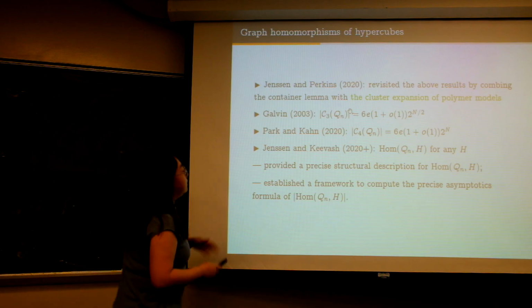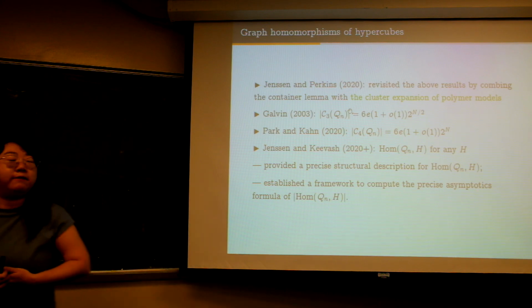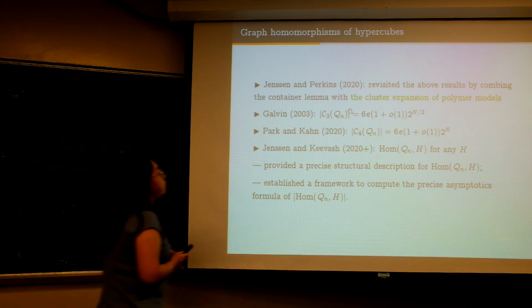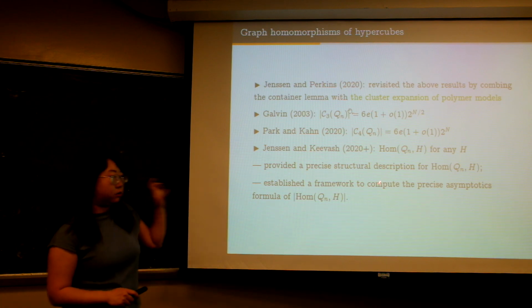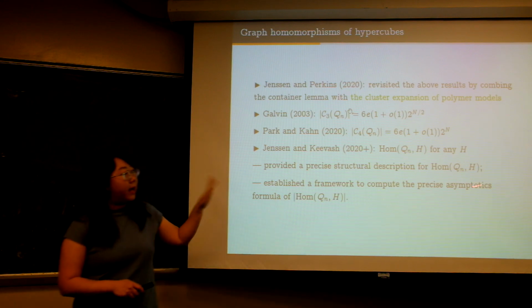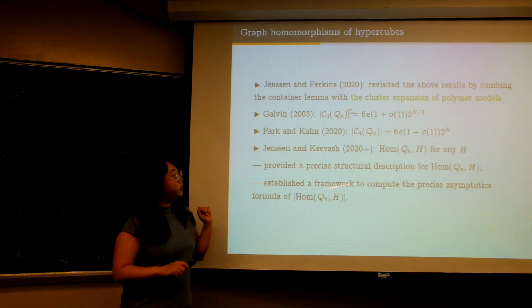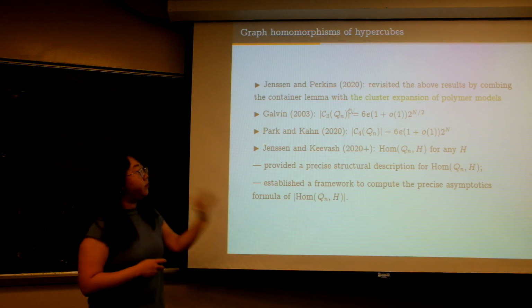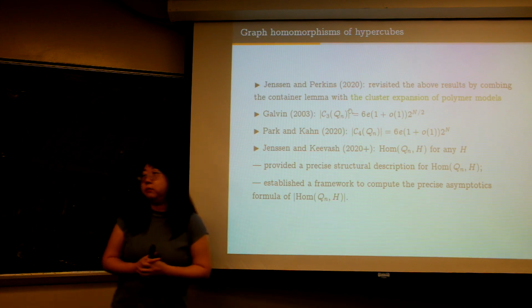It's a pretty long paper, like 80 pages and even more. They have a lot of good results. One thing is they provided a precise structural description of the set of homomorphisms from the hypercube to any given graph H. And they also established a framework to compute the precise asymptotic formula of the number of homomorphisms.